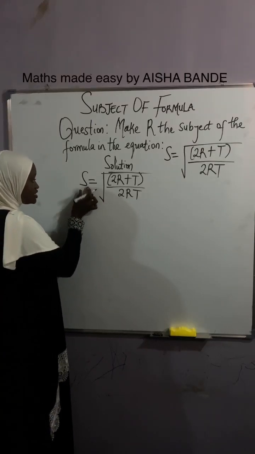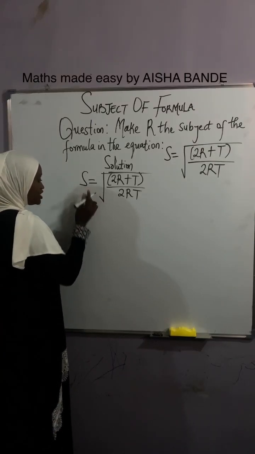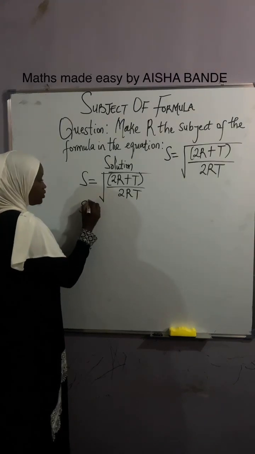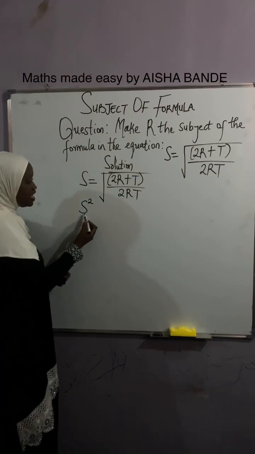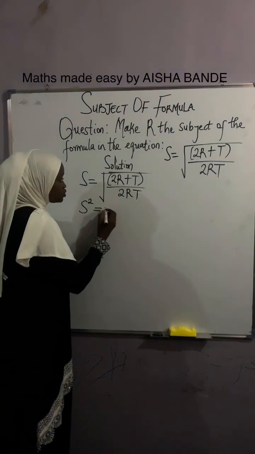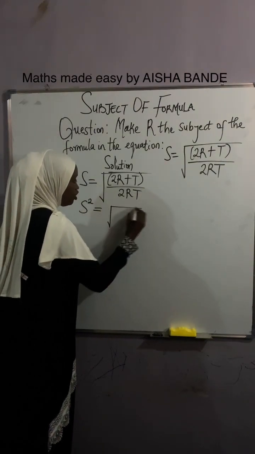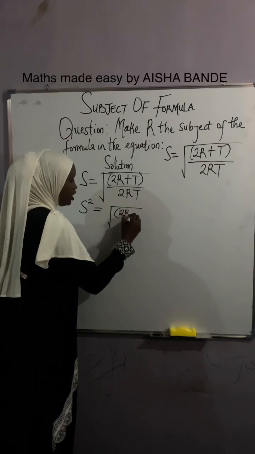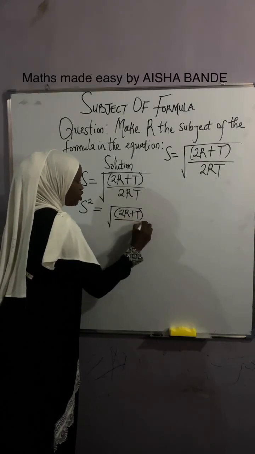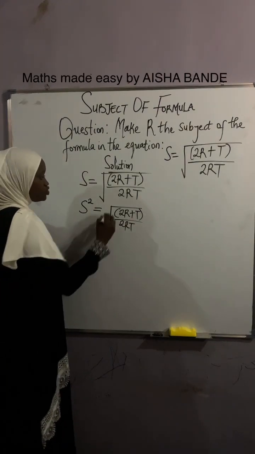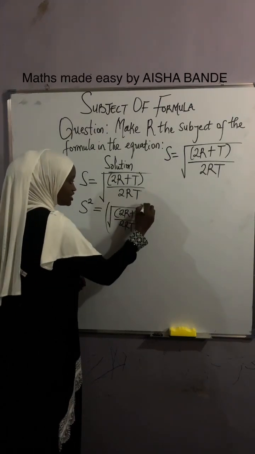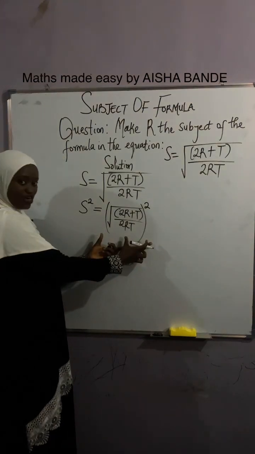So let's square this side now. The left hand side now means s raised to power 2. Square means raised to the power of 2. So this becomes s square is equal to the square root of open bracket 2r plus t close bracket all over 2rt. So this side as well, we take the square of the right hand side.